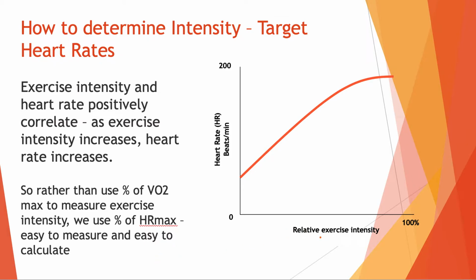So we can do this because heart rate and exercise intensity also positively correlate. As relative exercise intensity increases, so does heart rate, and it does so up to our heart rate maximum. Again, just like VO2 max, we reach a point during exhaustive exercise or close to exhaustive exercise where our heart rate cannot increase any further, but up until that point, heart rate increases as exercise intensity does.